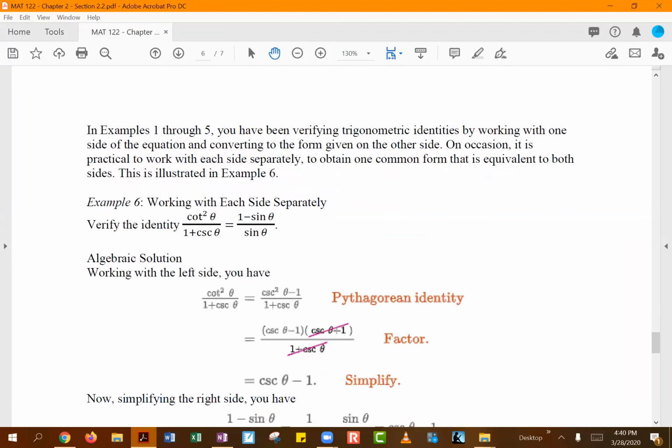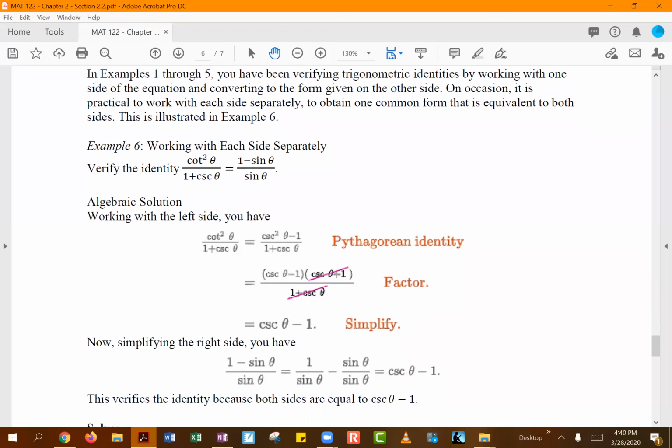So let's take a look at this guy here. You've got cotangent squared theta over 1 plus cosecant theta, and we have to show that it's equal to 1 minus sine of theta, the whole thing divided by sine of theta. So let's start on the left-hand side. You've got cotangent squared theta. So this is actually using the Pythagorean identity to rewrite cotangent squared theta as cosecant squared theta minus 1.